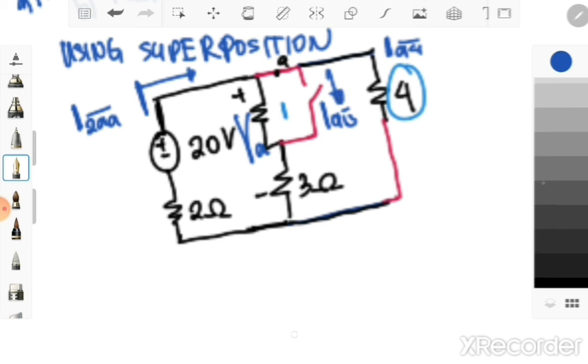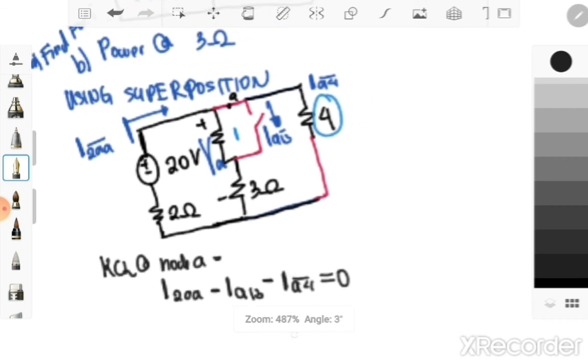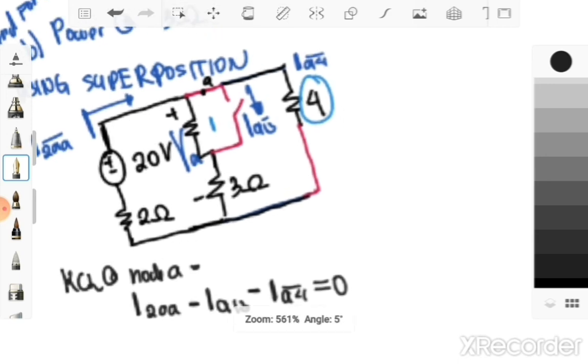Okay, so analyzing this, KCL at node A. So we will have I20A going into the node minus IA13 going out of the node minus IA4 going out of the node equals 0, which is your law of conservation of charges.